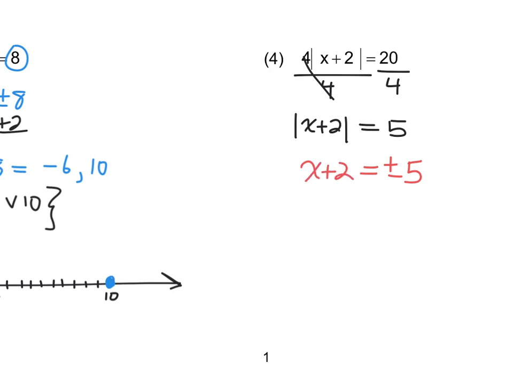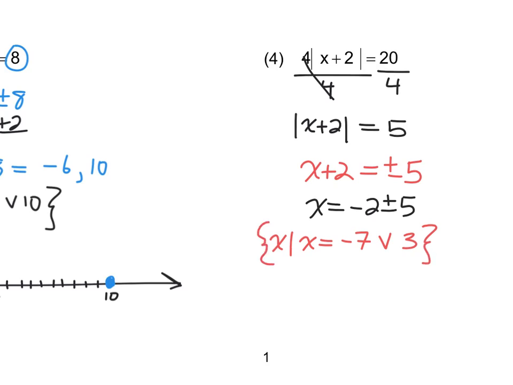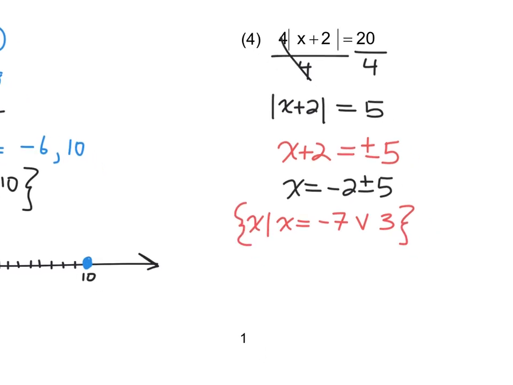Just a clean x plus 2. Next move? Subtract the 2. So x equals negative 2 plus or minus 5. And what are my solutions? 3 and negative 7. So we'll do the negative 7 one first. Not a big deal either way, but wherever possible, increasing order is preferred.